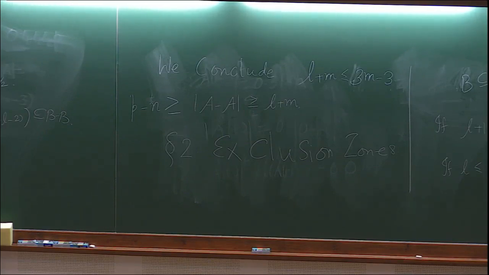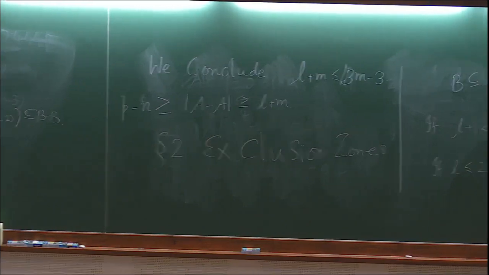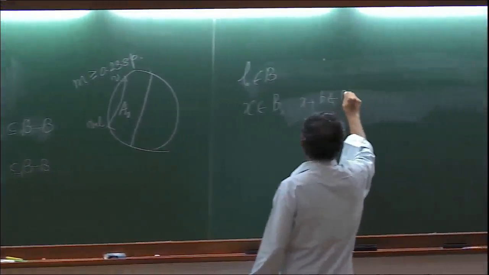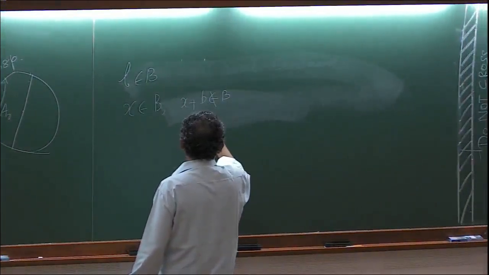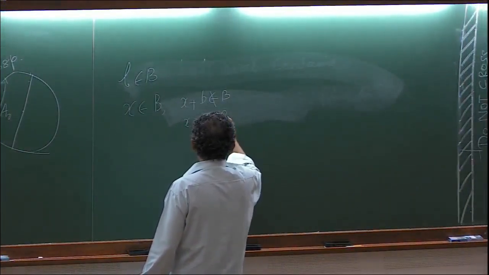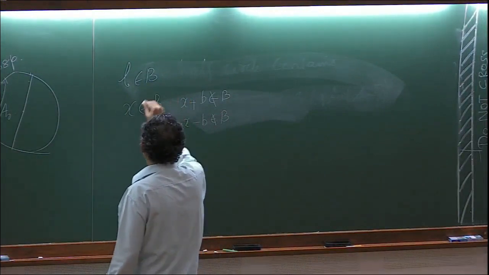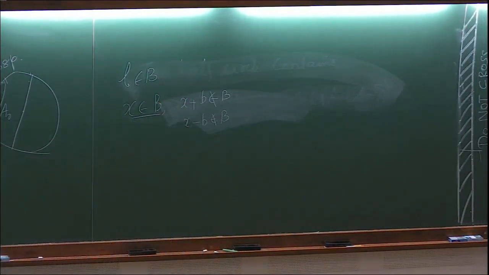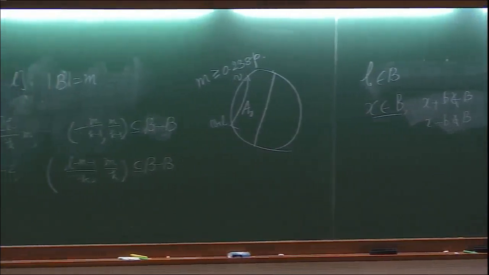Okay, and suppose X belongs to B, then x plus b cannot be in B, and x minus b cannot be in B. Therefore, you are fixing a b and then you are fixing an x, and therefore every element would essentially exclude one more element.